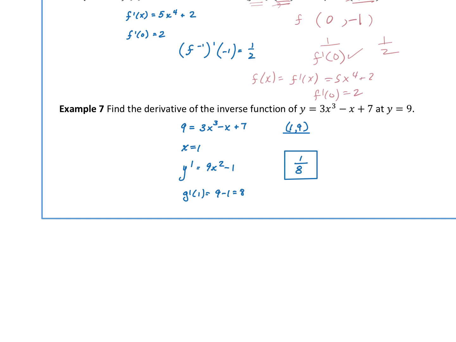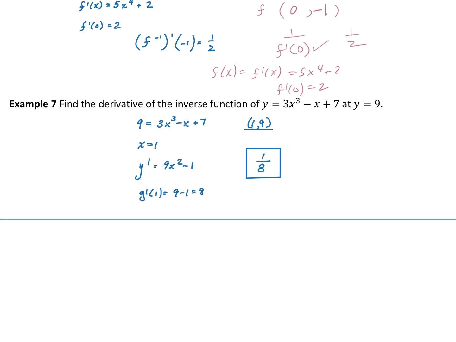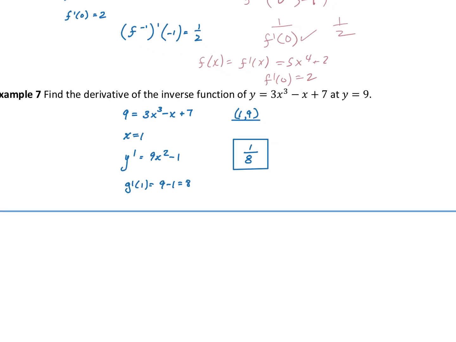All right, this one is a little confusing. It says at y equals 9. The way they wrote this was funny, so I'm going to rewrite it. Let's say f of x is equal to 3x cubed minus x plus 7, and we're going to find f negative 1 like that.